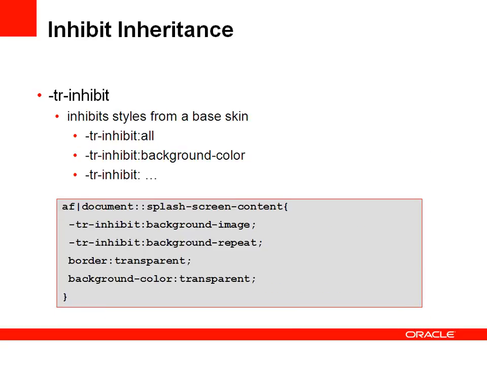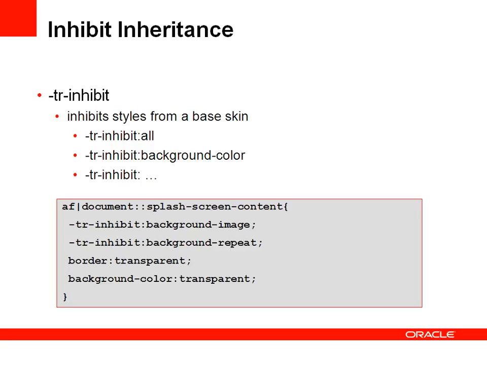Similar, there's an inhibit property coming from Trinidad that allows you to suppress the inheritance of a specific feature of a component. Now, what we see in the gray code area, there's an AF document tag, so we are skinning the whole document, and we are skinning the splash screen content, so the thing that you see first.